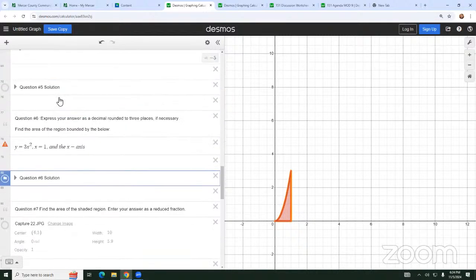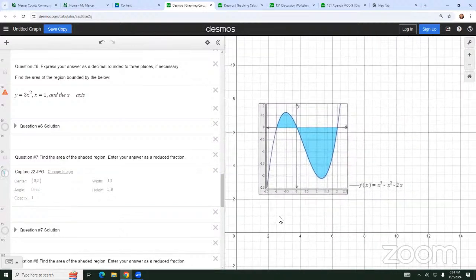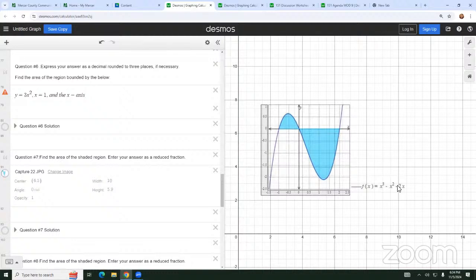Okay, so here's something I do have to talk to you about. Let me turn this off. When they give you a graph like this, and they're telling you the function, they're saying it's x cubed minus x squared minus 2x. So normally you'd think, oh, I could just integrate it from -1 to 2.